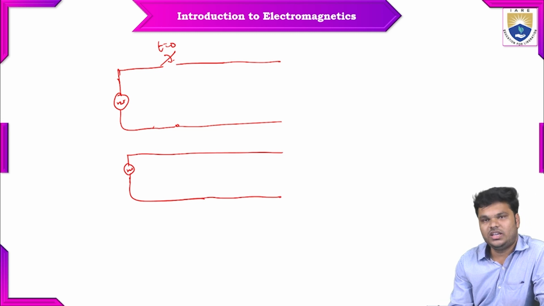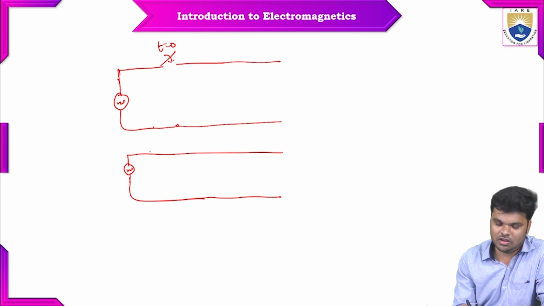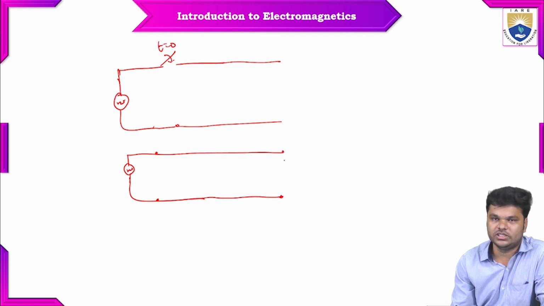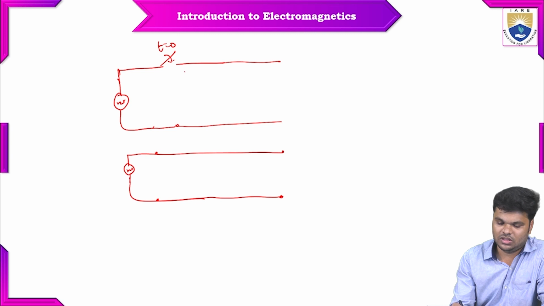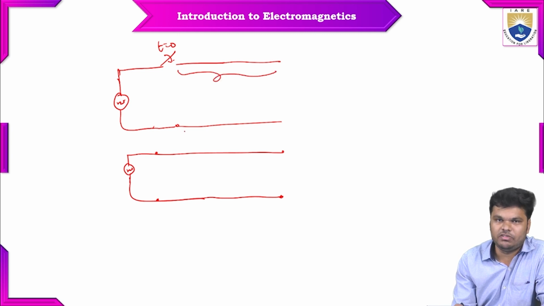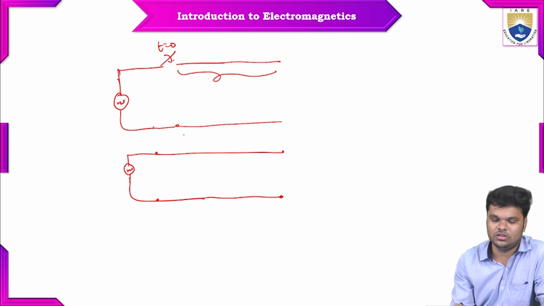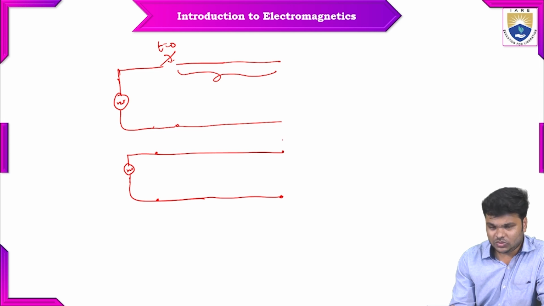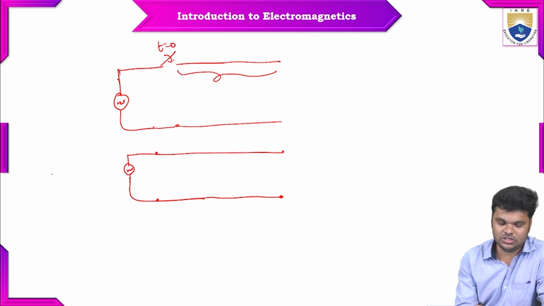From our circuit theory knowledge, we can say that whatever voltage is present across the input terminals will appear at the output terminals, because in circuit theory, the length of the wire and shape of the wire do not really matter to us. No matter how long the wire is and no matter what its shape is, the output will be the same as the input for this particular circuit. So this is one answer.